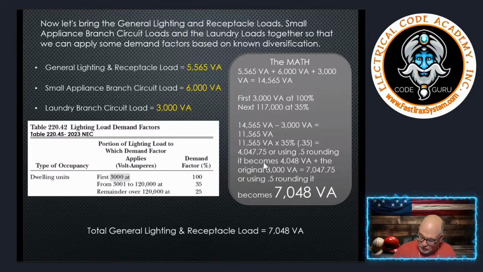So out here, I'm going to put a big N on the right side of my form, and I'm going to write that out here to the side. I'm going to write 7,048 because all of those loads we just talked about are all neutral loads, right? So that's most certainly going to be used in our calculation for the neutral. So I'm just saving myself some time, that's all. All right, so there we go.